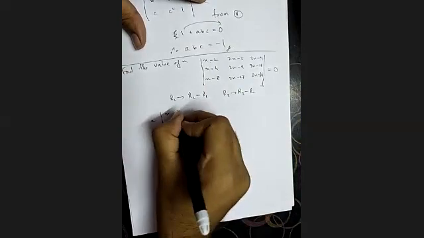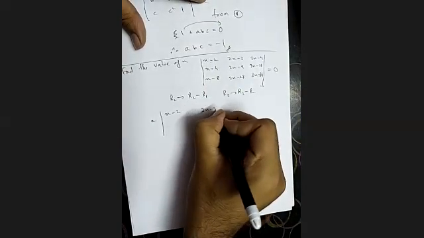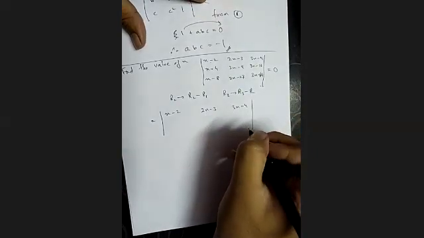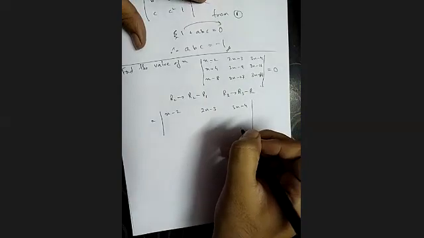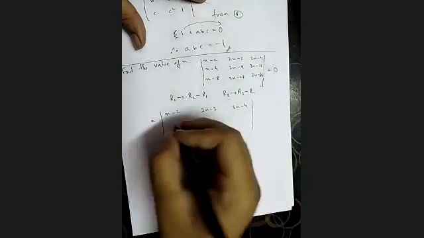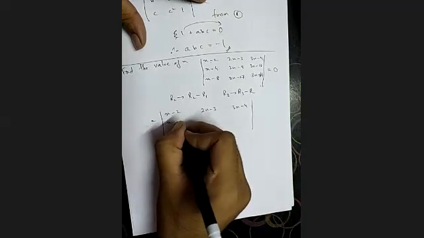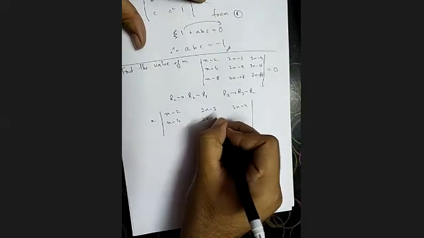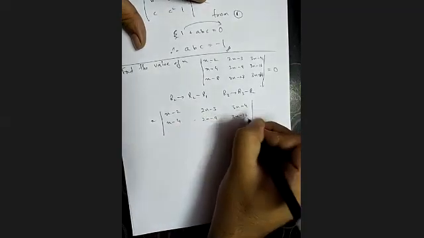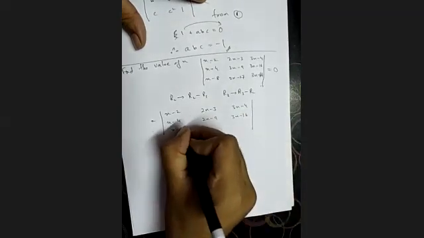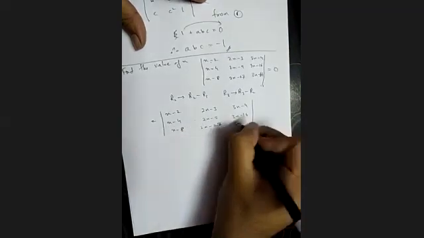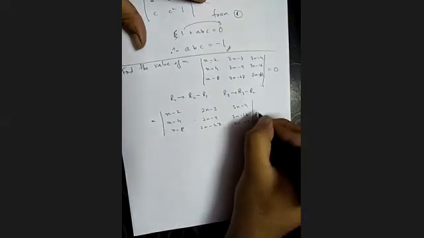R1 will remain the same: x minus 2, 2x minus 3, 3x minus 4. Then x minus 4, 2x minus 9, 3x minus 16, and x minus 8, 2x minus 27, 3x minus 64.